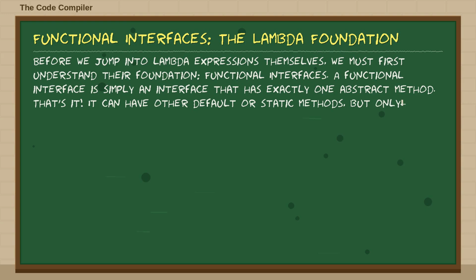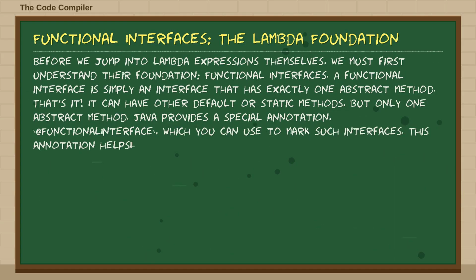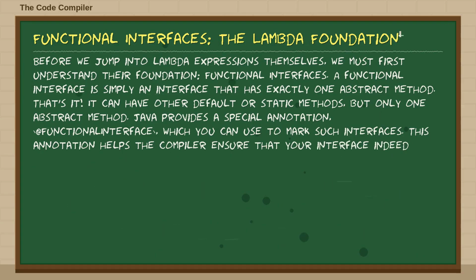It can have other default or static methods, but only one abstract method. Java provides a special annotation, @FunctionalInterface, which you can use to mark such interfaces. This annotation helps the compiler ensure that your interface indeed meets the criteria.